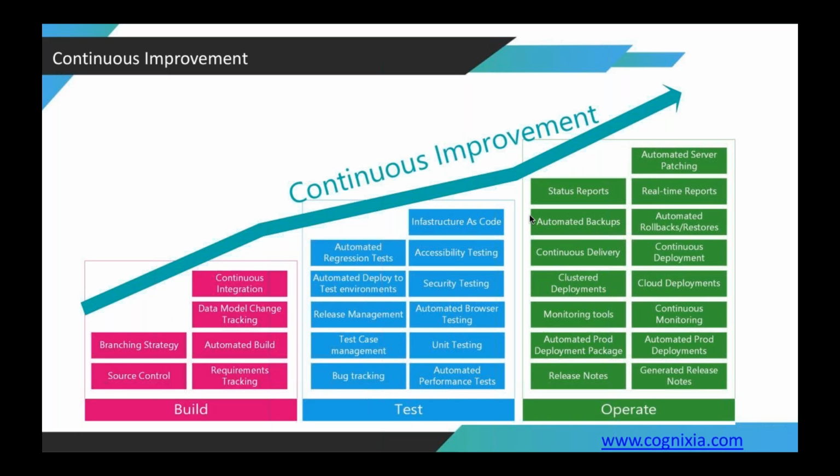Since you have to manage so many components, a lot of automation has to be in place in order to manage a bigger environment. And not only bigger; even in smaller environments you need to have all of these things implemented. So there is scope for continuous improvement. You can start from the build stage and achieve the build first, then improve on tests, then improve on the operation side.